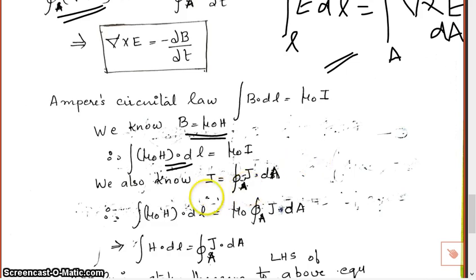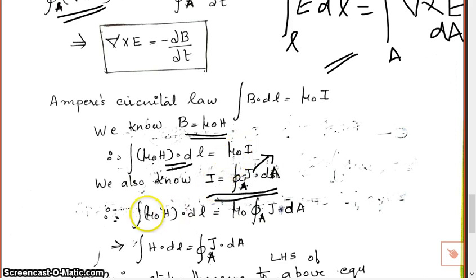We also know that the current I is equal to the area integral of current density J, which we studied earlier. I is equal to area integral of J dA, where J is a current density. So I am substituting I in this equation.